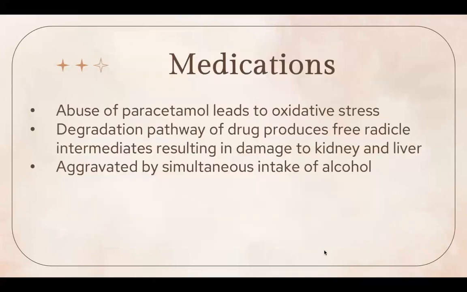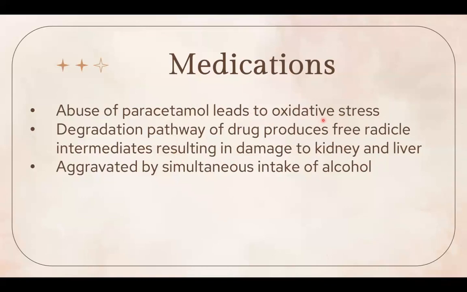Okay, now one last thing before we talk about the balance or the removal of the free radicals. There are certain medications that cause the production of free radicals. So for example, paracetamol toxicity. Paracetamol toxicity leads to oxidative stress.